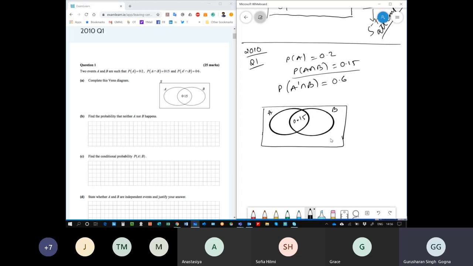So probability of A is 0.2 means what? It is the total probability of A. So if it is the total probability of A, what should be the remaining value here? 0.05. And what is this? A complement intersection with B. So A complement means not in A. I'll just shade this for your reference.